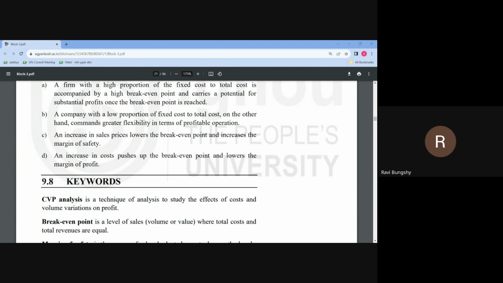You do the calculation, you will get it in terms of percentage. You multiply it, you will get. We will come to that. We have a calculation for break-even point. That's why I have not explained it at that point. Okay.